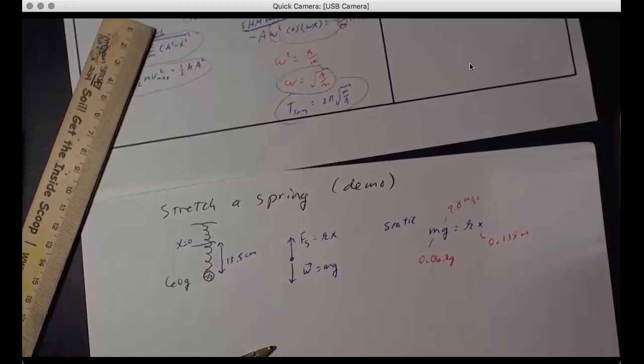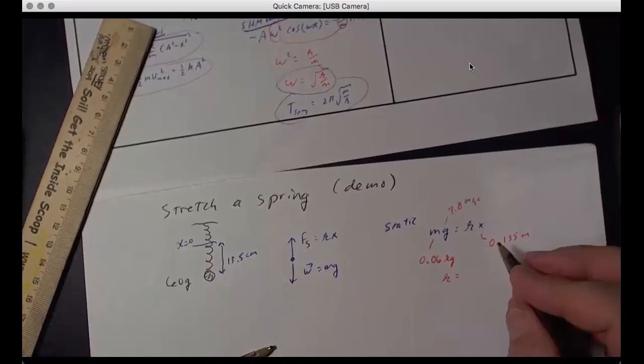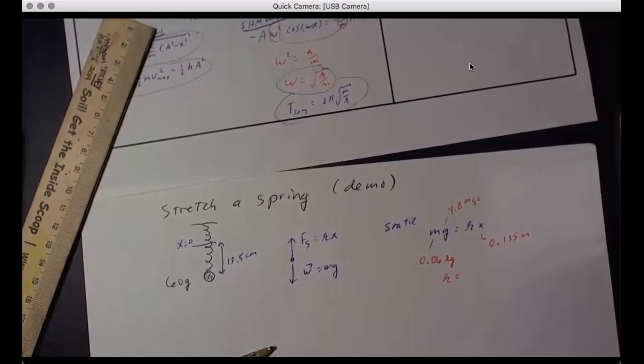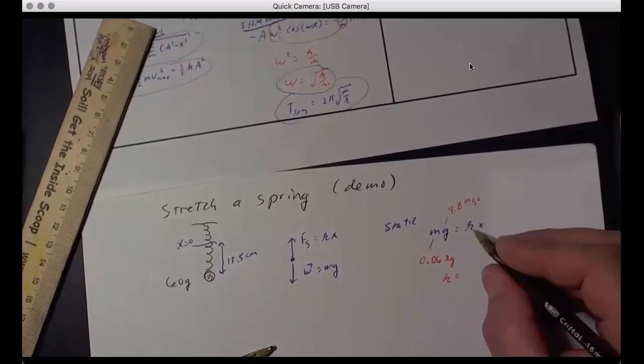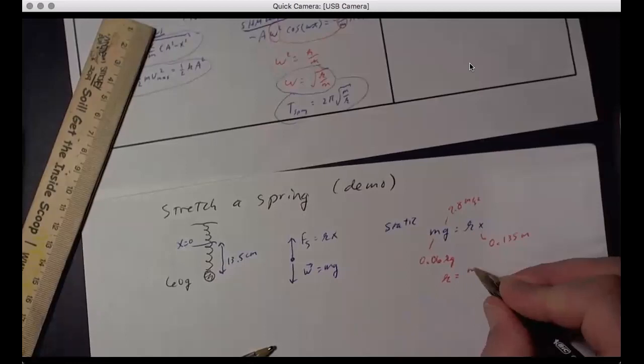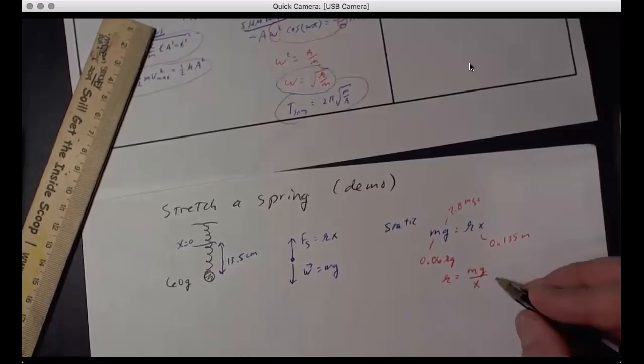And so you can solve this for k. k is equal to mg over x. Well, this x is the static stretch.